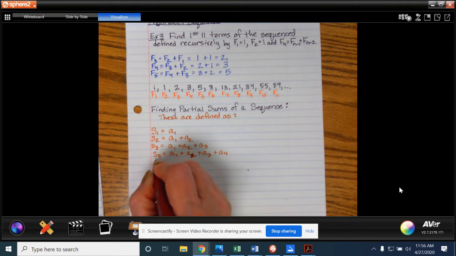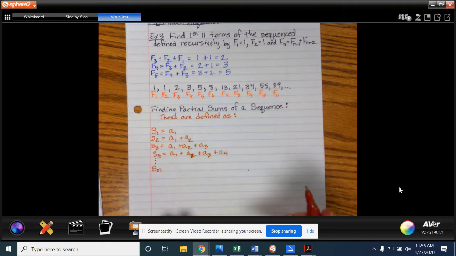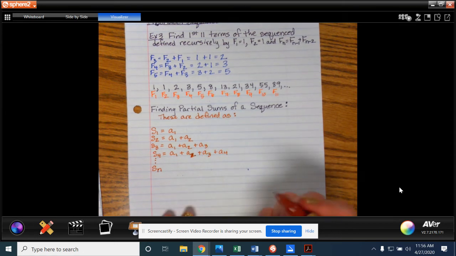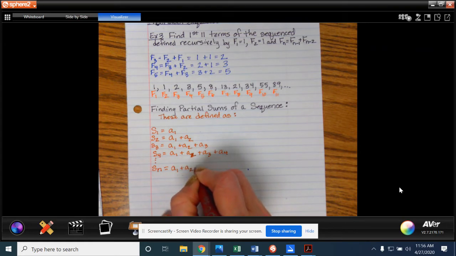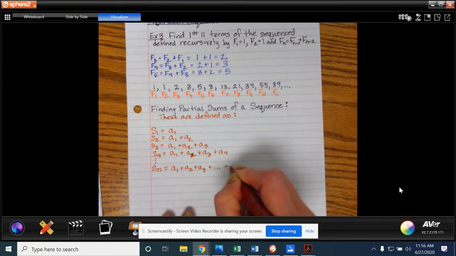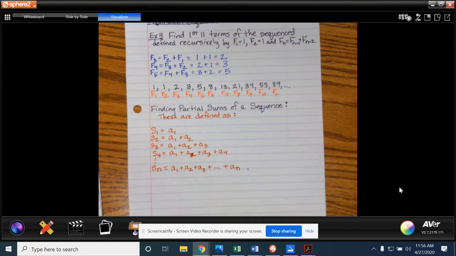And I can go dot, dot, dot, all the way down to the sum at any number. So you decide which number you're going to, and you take the sum of all those numbers up until that position. So I'm going to go dot, dot, dot, because we don't know. It can go to whatever position you want.